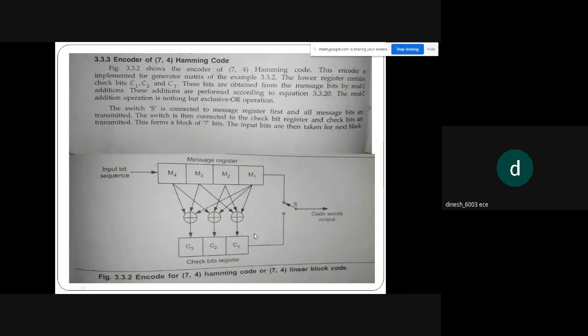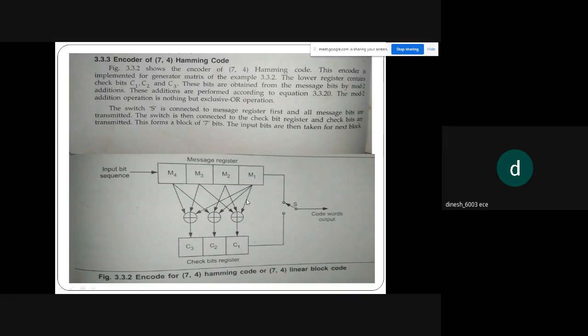So C1, C2, C3, which we call the check bit registers. Always we should start writing from the LSB. So LSB is your lowest and MSB is your highest. Always write in this format.